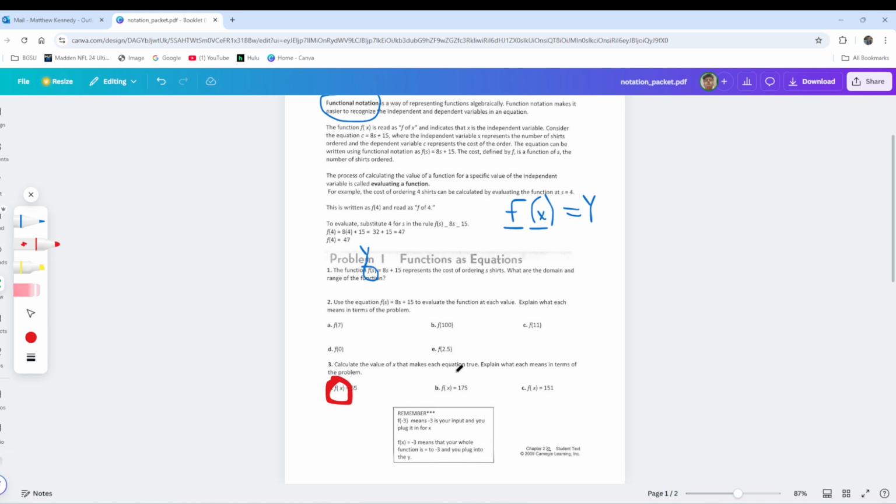So you're going to be plugging 55 into y, and then you're going to set up an equation. 55 is your y, so 55 is equal to 8s plus 15. And you would then solve for s.